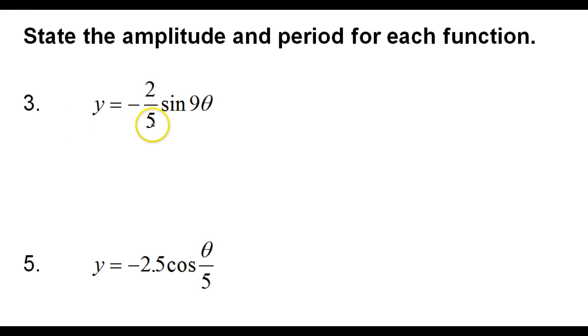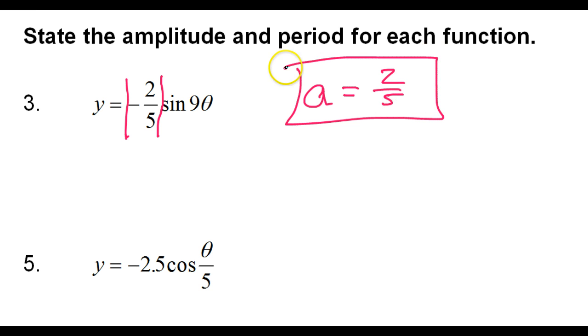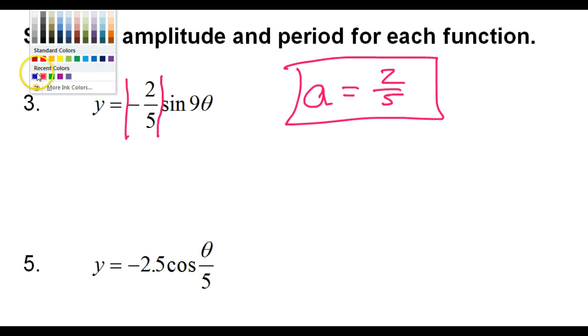Okay, so given an equation, state the amplitude and the period. Well, the amplitude is just going to be the absolute value of this a value that's in the front. So the amplitude is going to equal 2/5. It's just the absolute value. Now the period is going to take a small amount of calculating.